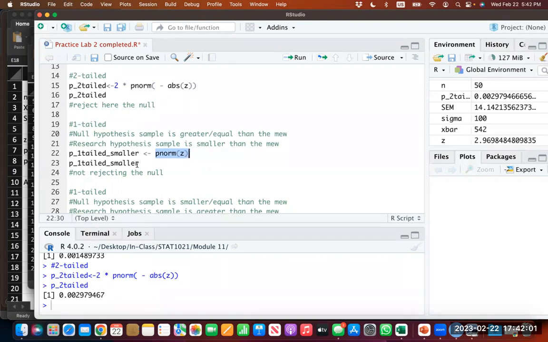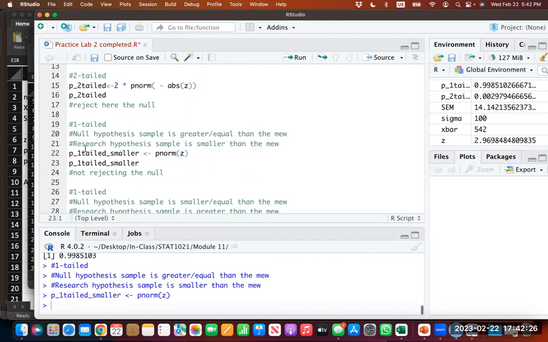If this is negative, I want everything to the left, regardless of whether it's positive or negative. So with this p-norm value, I always get everything pointing towards the negative, so to the left. So here it is 0.9985, because I did not set it negative. So that's our P one-tailed for smaller.